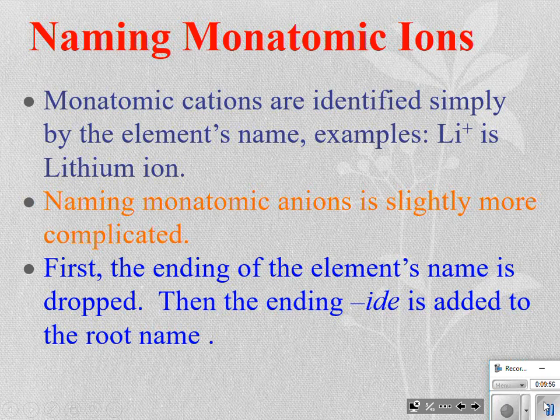So a cation is a positive ion. Usually when we're talking about cations, we're talking about metals, because metals are the ones that want to give up electrons. We go back to the bonding stuff. Look at the alkali metals, group 1. They have one valence electron.